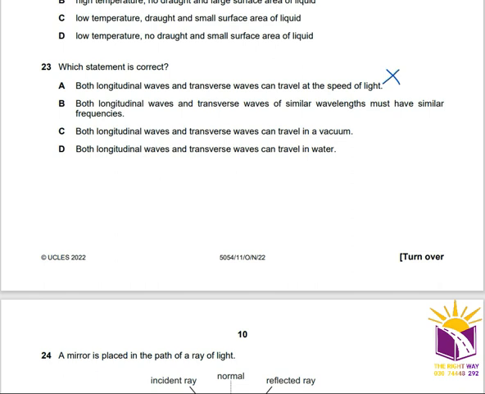They may have the same wavelength, but due to different speeds their frequencies could be different, by the formula v equals f lambda. Both can travel in vacuum. No, only the transverse wave can travel in vacuum, while the longitudinal wave cannot. Both can travel in water. Yes, they both can travel in water. So for question 23, D is the right option.